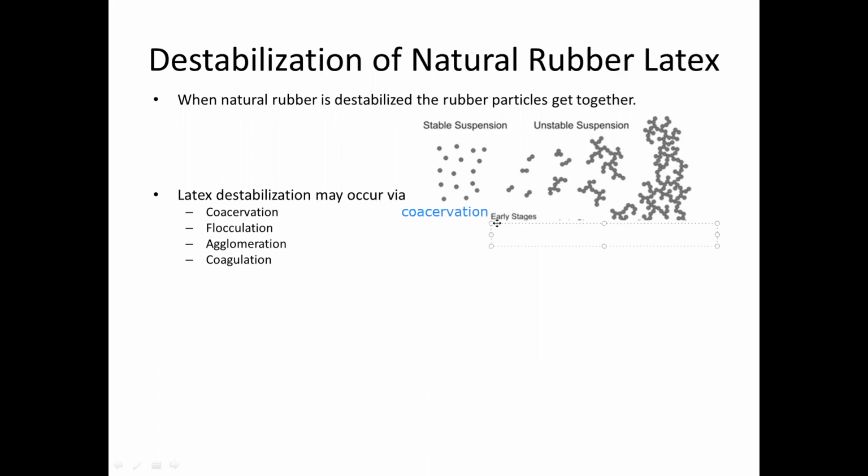Initial stage of instability, we could say flocculation. Later stage of instability, you can say it's agglomeration.